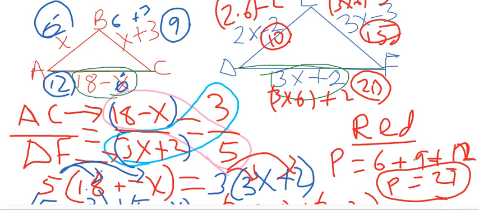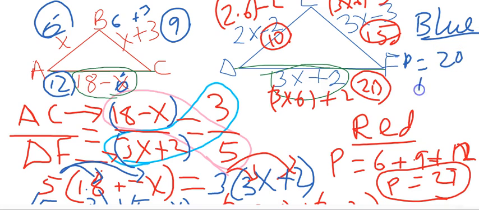And then for the blue, we're going to kind of fix it. I know it looks messy, but I hope you followed each of these. So the perimeter is going to be, let's just write them all out, 20 plus 15 plus 10 gives you 45. Okay, done.